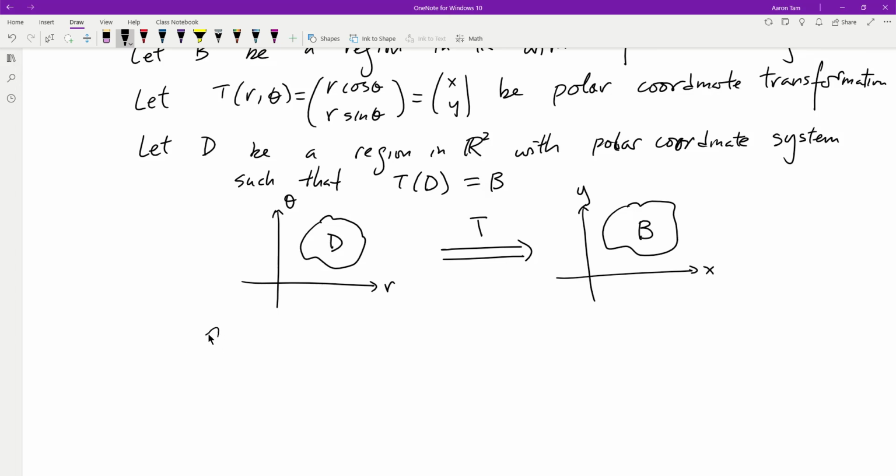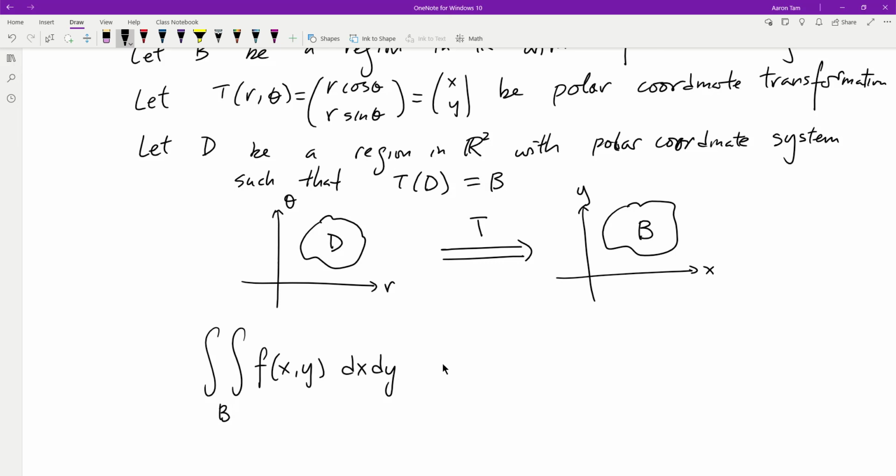We can define a double Riemann integral over B, f of x y, dx dy. Now remember, this is a Riemann integral. So even though I write dx dy, it doesn't mean we have to integrate dx then dy. It just means that the two independent variables are x and y. That's all I want to convey.